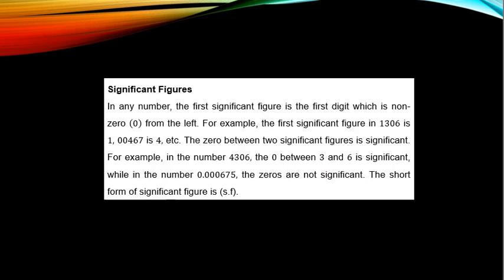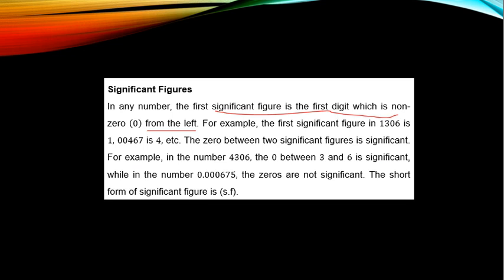Okay, so the first thing we look at in this session is significant figures. In any number, the first significant figure is the first digit which is non-zero from the left. So when we are looking at SF, what we are concerned with is the first non-zero number from the left.